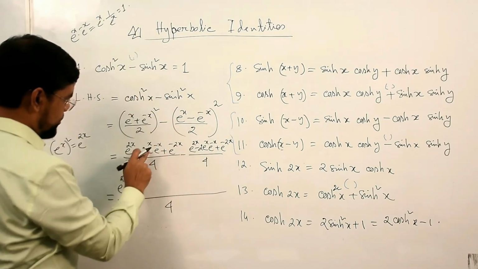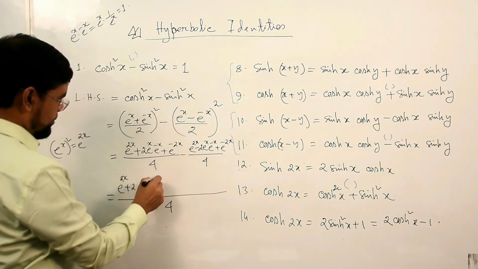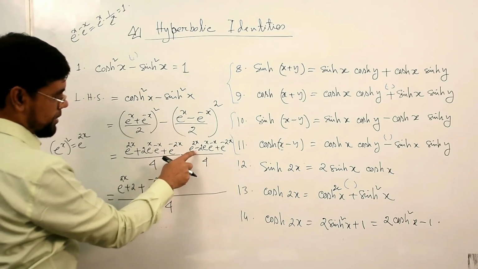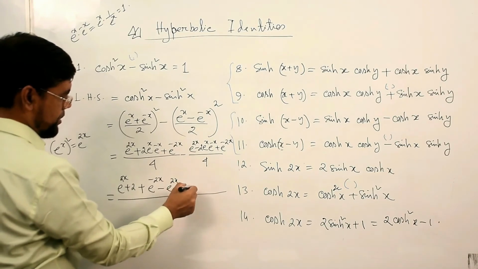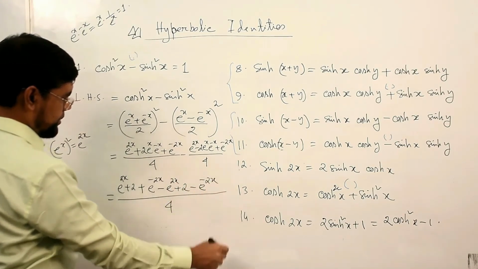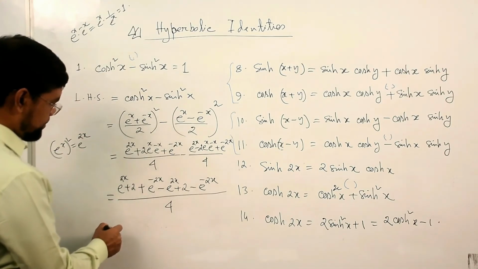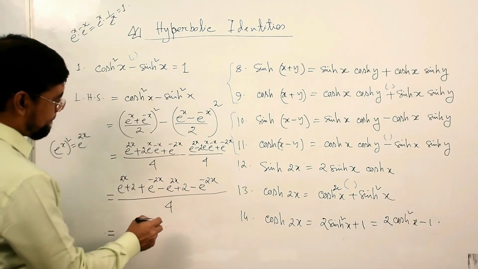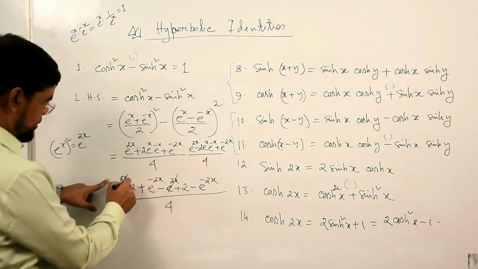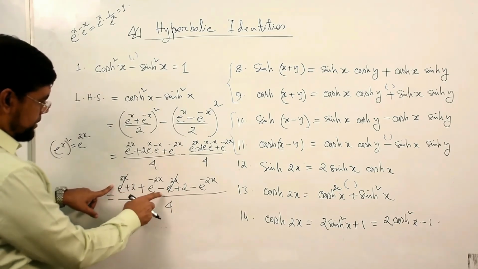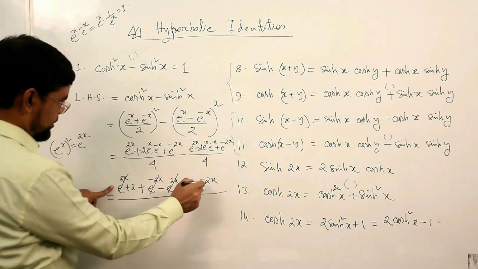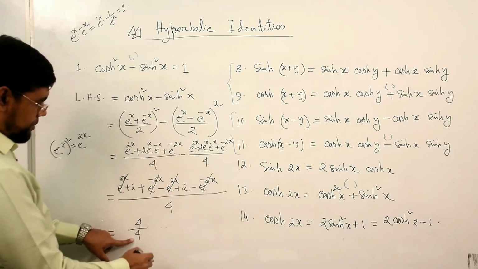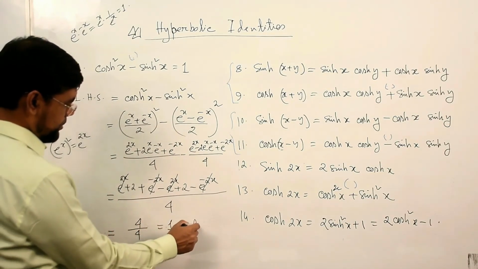So here you have only 2 plus e to the power minus 2x minus e to the power 2x, and because of this minus, this one will be plus 2 minus e to the power minus 2x. You can cancel e to the power 2x plus and minus, and you can cancel again this one and this one. So you have 4 in the numerator and 4 in the denominator, which equals 1, which equals the right hand side.